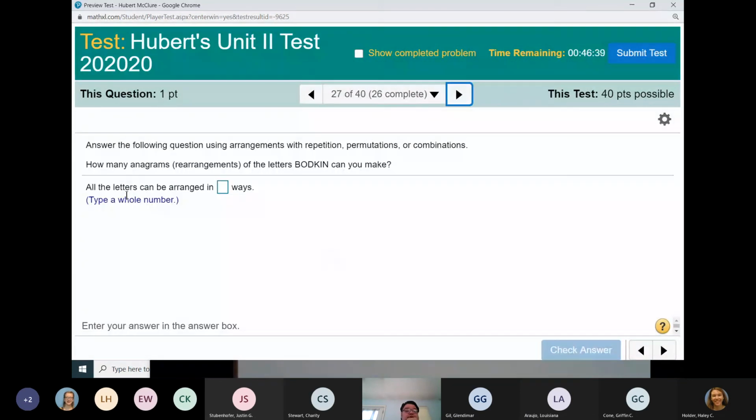Next, answer the following question using arrangements with repetition. All right, how many different rearrangements? It doesn't have to mean anything. Here we go, 6 factorial, that'd be 720. I'll give you another example.